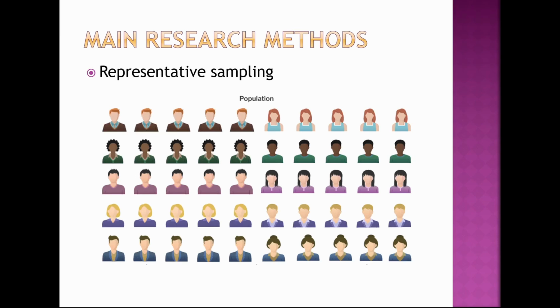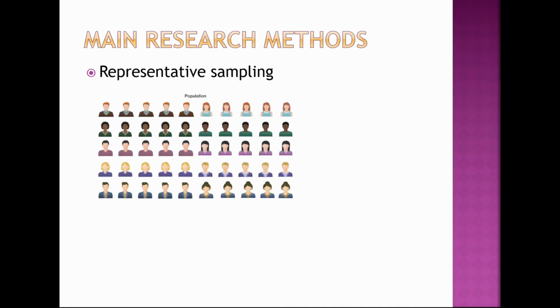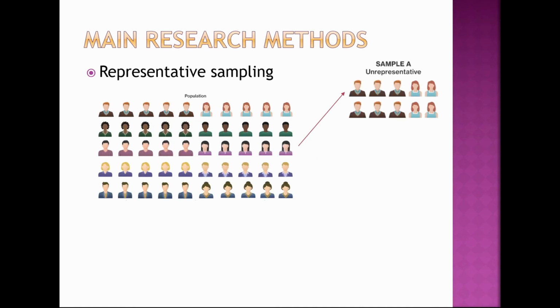What we do in research is we want to draw from the population a sample that represents that population. So here we have a sample that we drew out, and we ended up with only people from the top row, really, right? This would not be a representative sample. There are 4 other rows that really were not drawn from.